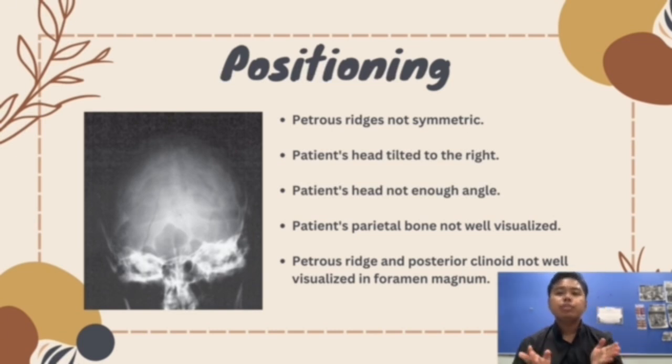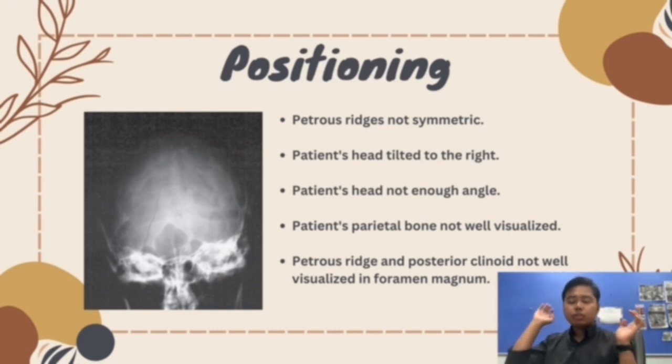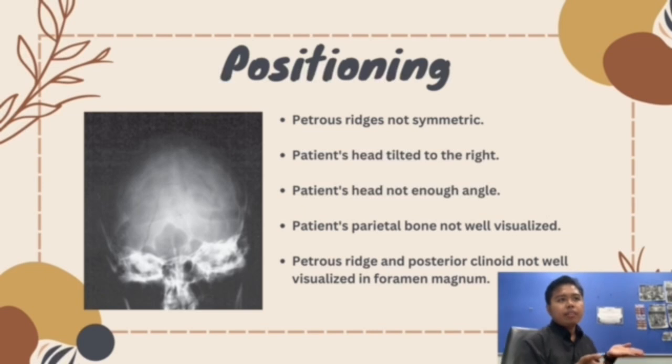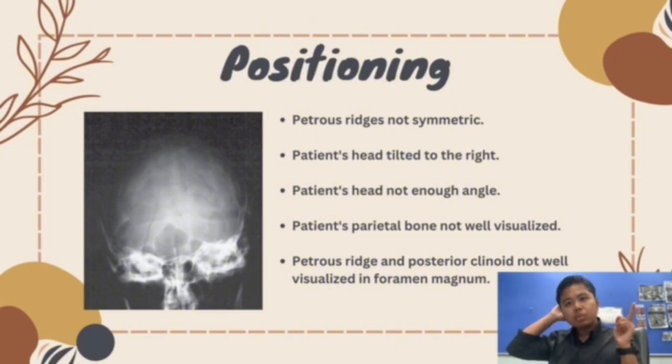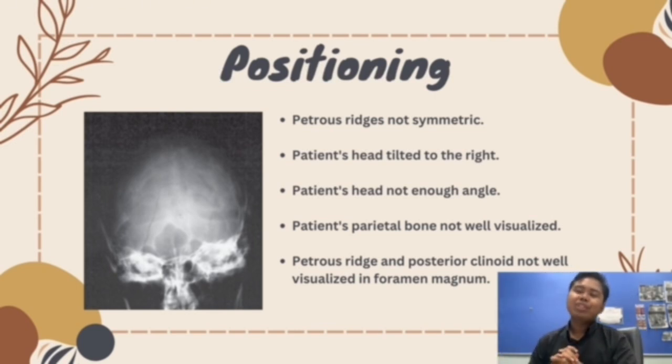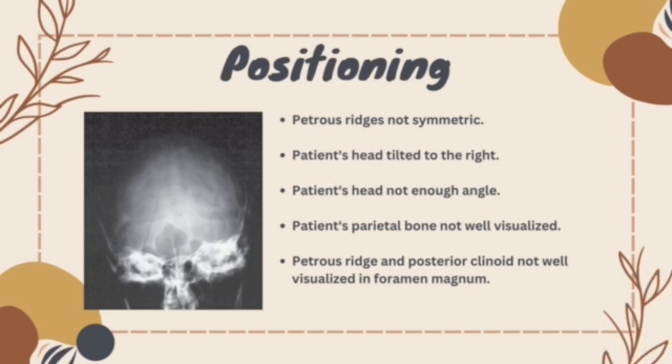Then the patient's parietal bone is not well visualized. In the epiaxial skull or Town method, the parietal bone of the patient must be visualized well and full. Then the petrous ridge and posterior clinoid are not well visualized in the foramen magnum.